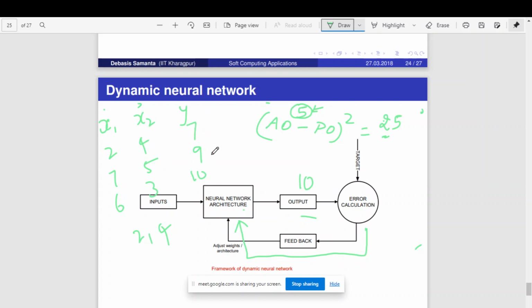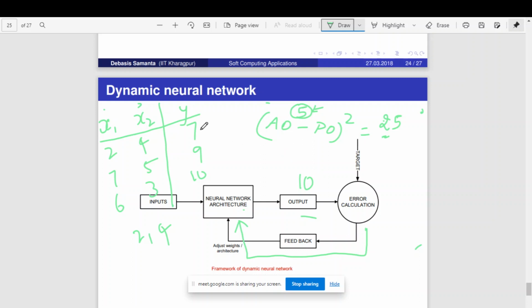What should be the actual output? Assume you know 7 is the actual output. So how much is the error? It is the actual output minus the predicted output.